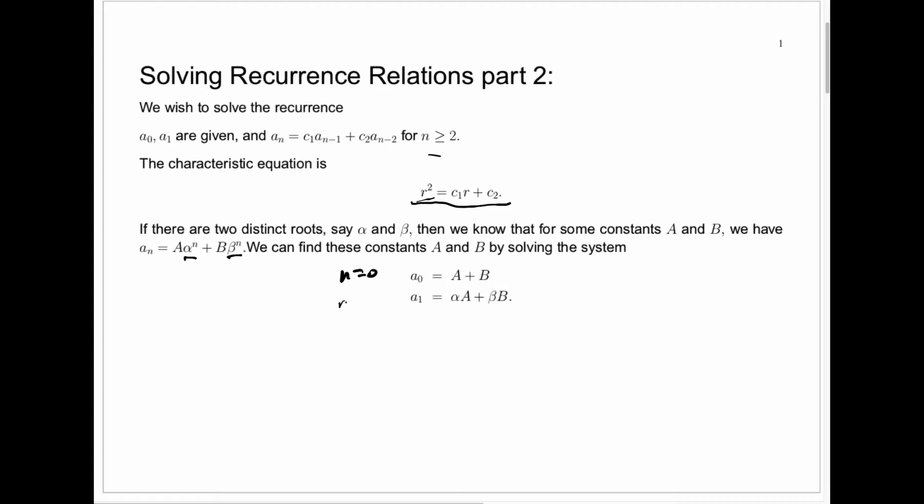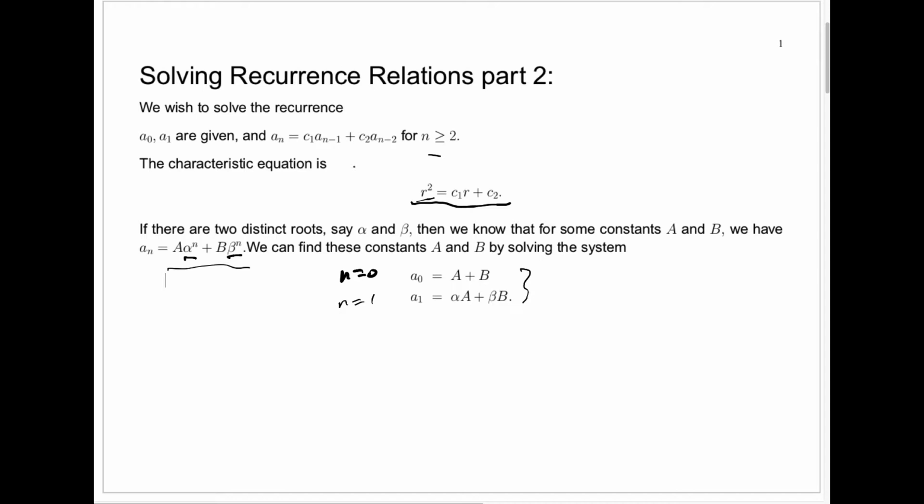When n equals 1, we have a1 is alpha a plus beta b. When we solve this system, we make sure that our sequence of the form a times alpha to the n plus b times beta to the n will actually match the first two terms and solve the recurrence relation.